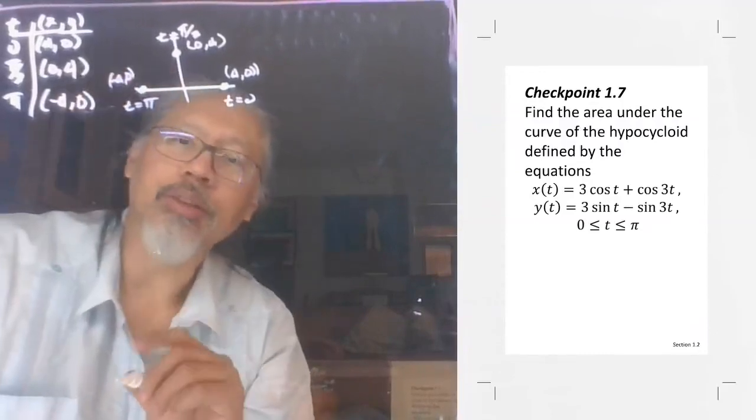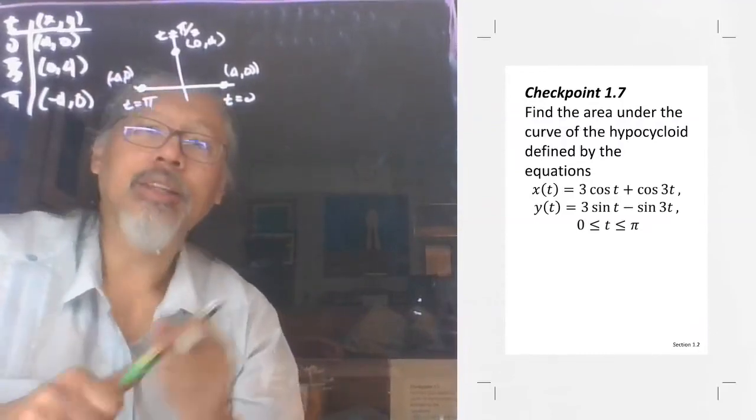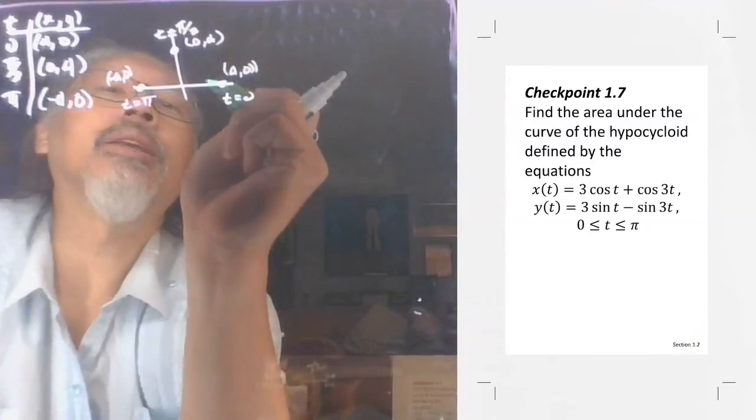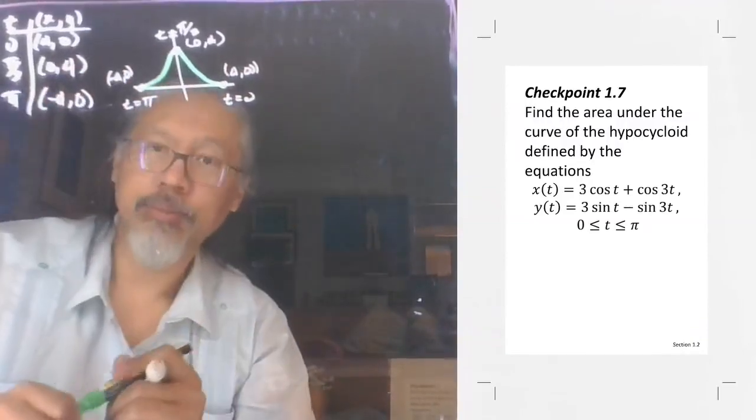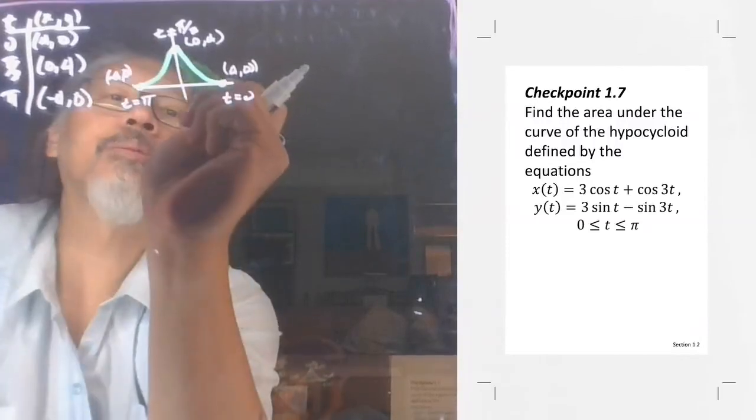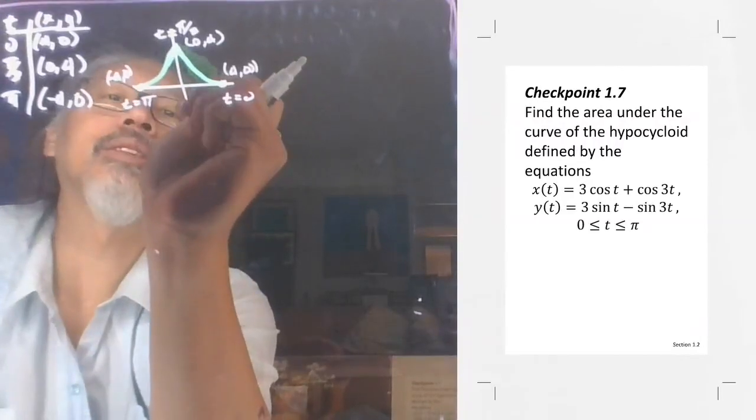And it's a hypocycloid, so I think the graph is going to go like this. We can verify that. This is a cusp. It's not a bell curve. It's a cusp.